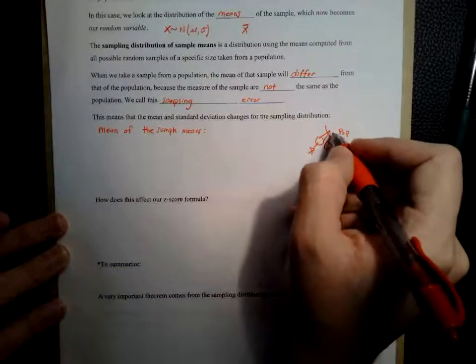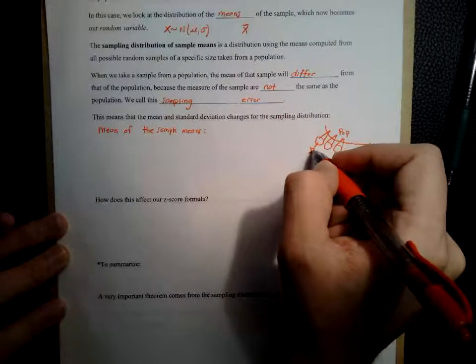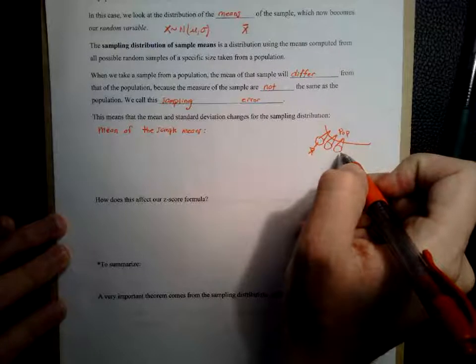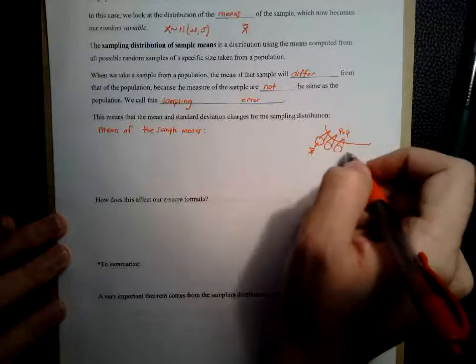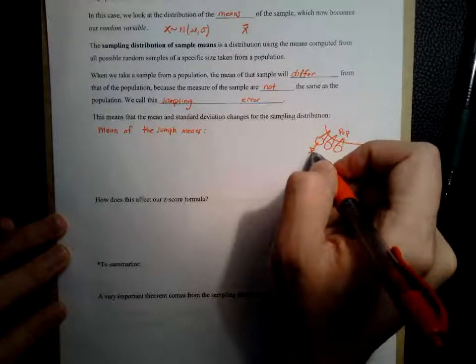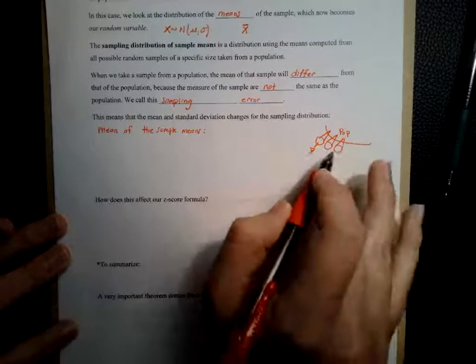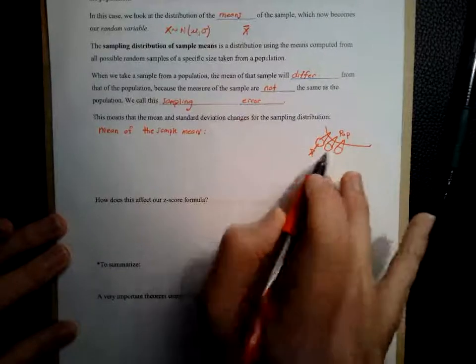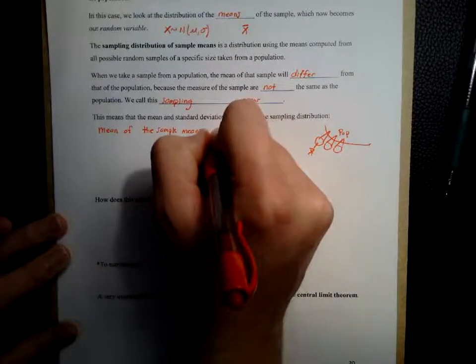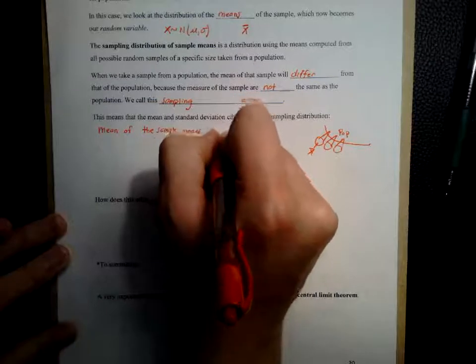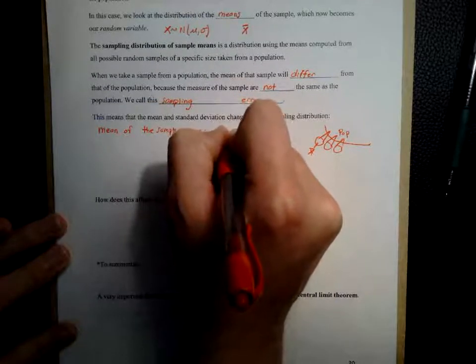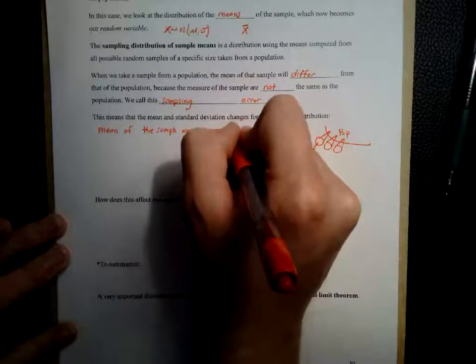For each of these samples from the population, I'm going to compute some sample mean x bar. And then, whenever I have taken the infinite number of samples from this population and calculated each individual sample mean, then at the end I will compute the mean of these means. And we're going to say that the mean of the sample means, mu of x bar, is equal to mu.